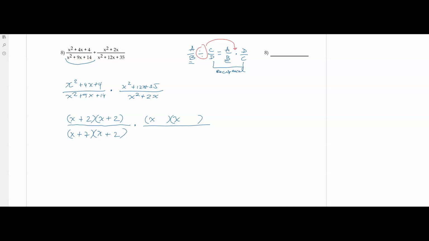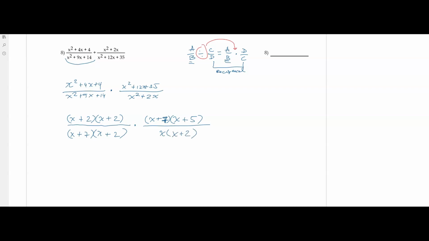Seems like 7 and 5 should be the combination: 7 times 5 is 35, and 7 plus 5 is 12. Now, x squared plus 2x is not a trinomial. We only have two terms, so we need to find the greatest common factor, which is x. And then it's going to be x times x plus 2.